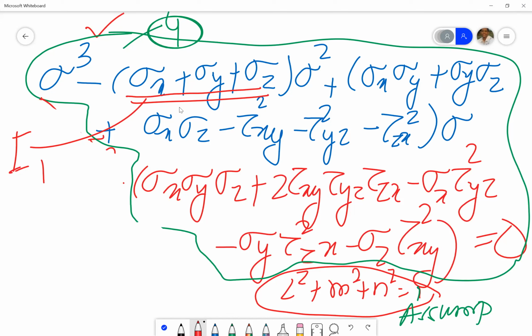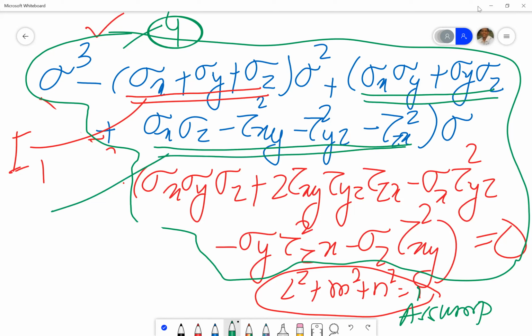The second invariant is here, written as I2.